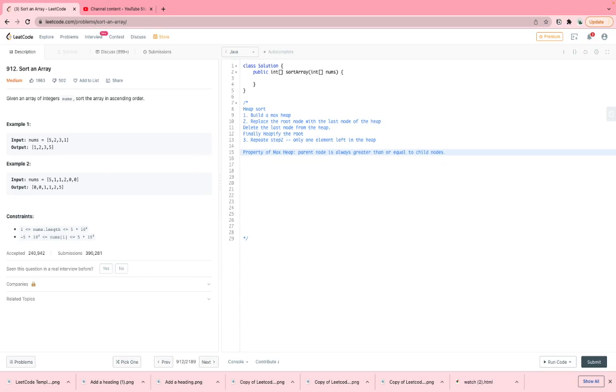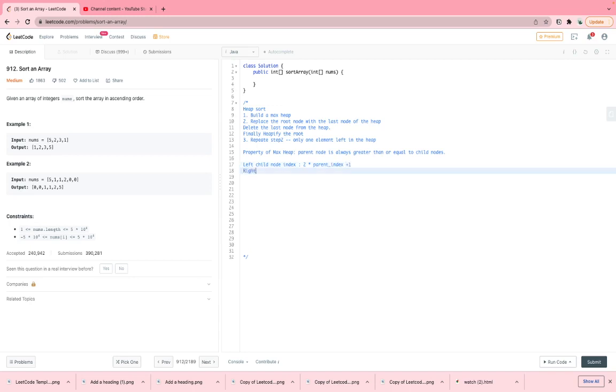So how do we calculate the child nodes? The left child node index: if we have a parent, it's going to be 2 times parent index plus 1.